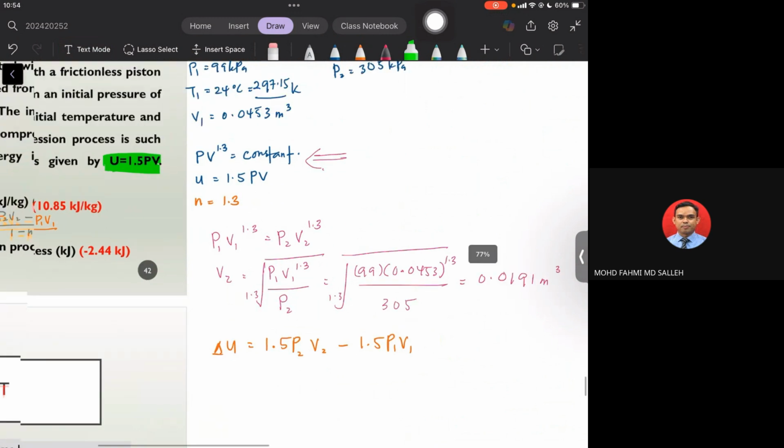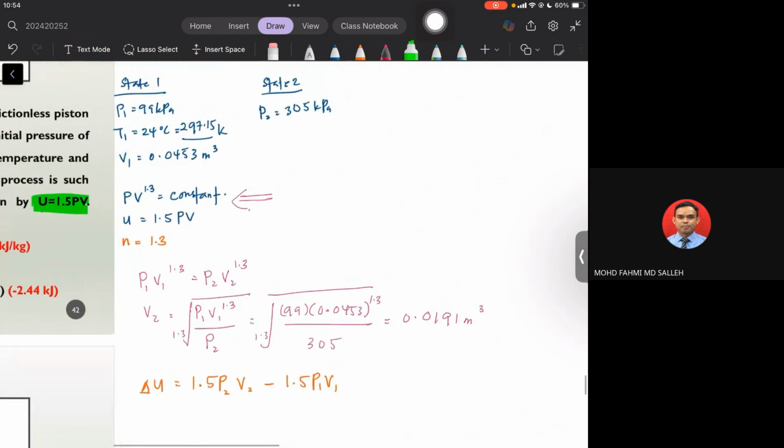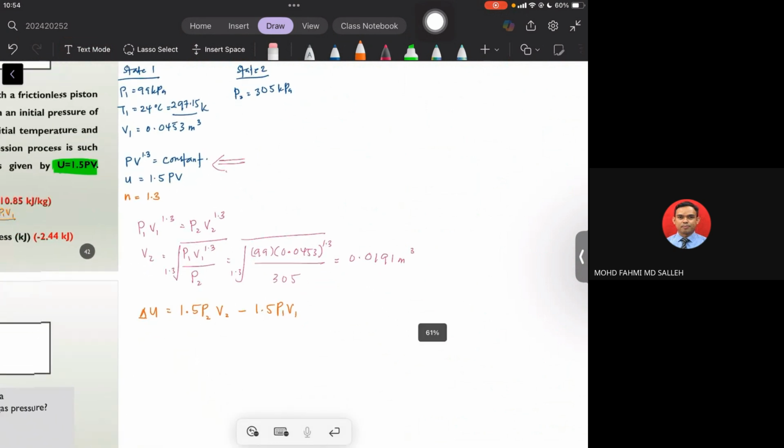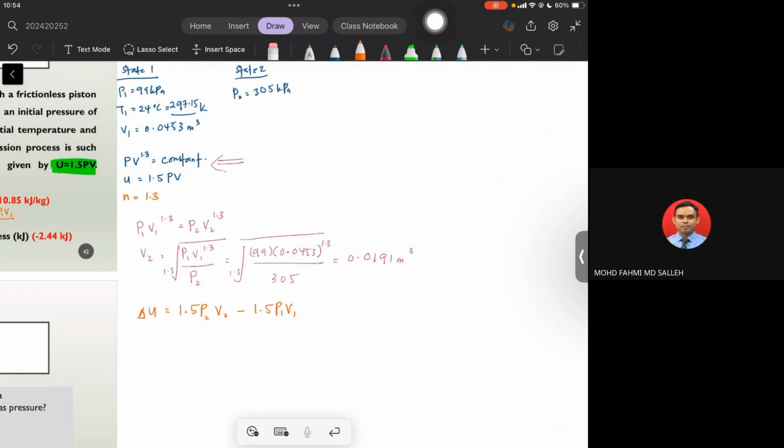Okay, so based on the data that we have here, we can see that we have the value for P2, V2 already determined, and then we have the value for P1 and also V1.